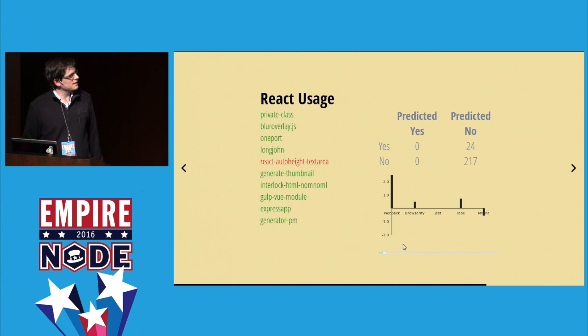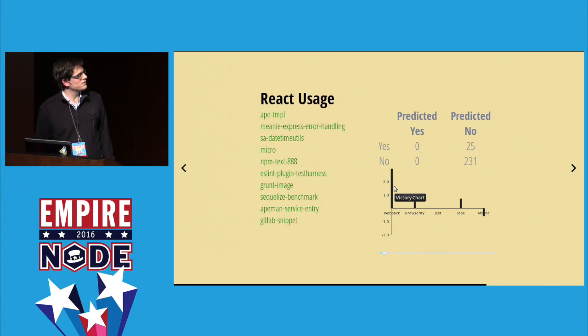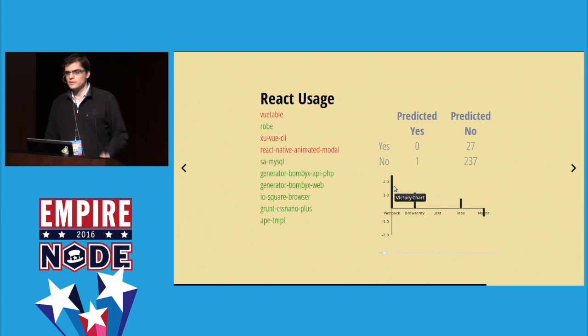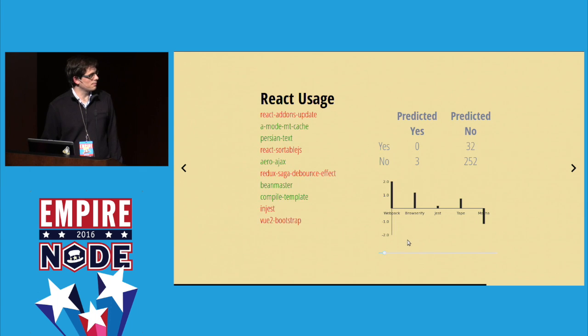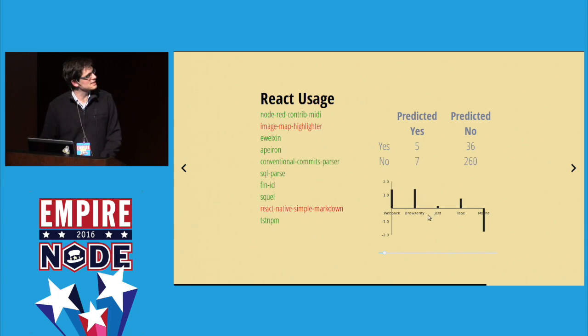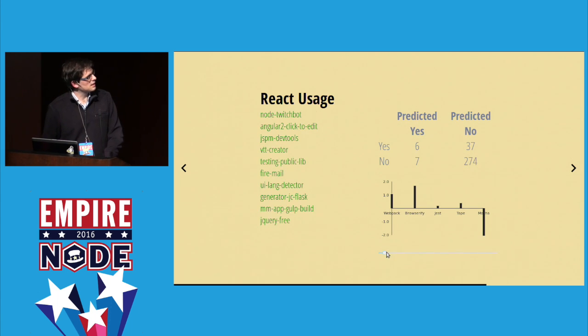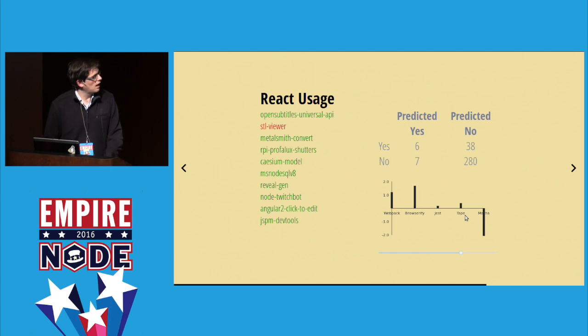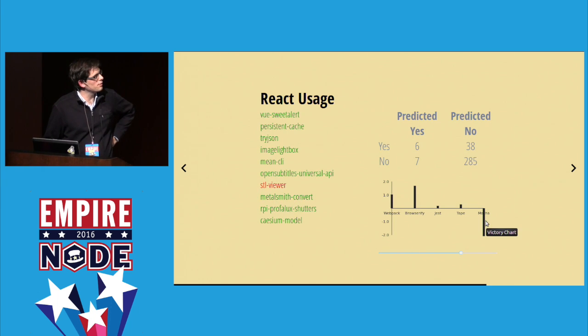I think that would confirm the prior intuition, because many people use Webpack to bundle their React packages compared to Browserify, because you can also bundle CSS, etc., more easily, I think. And concerning the testing frameworks, it seems that both Jest and Tape might be a bit positive, might be indicative of a React package.